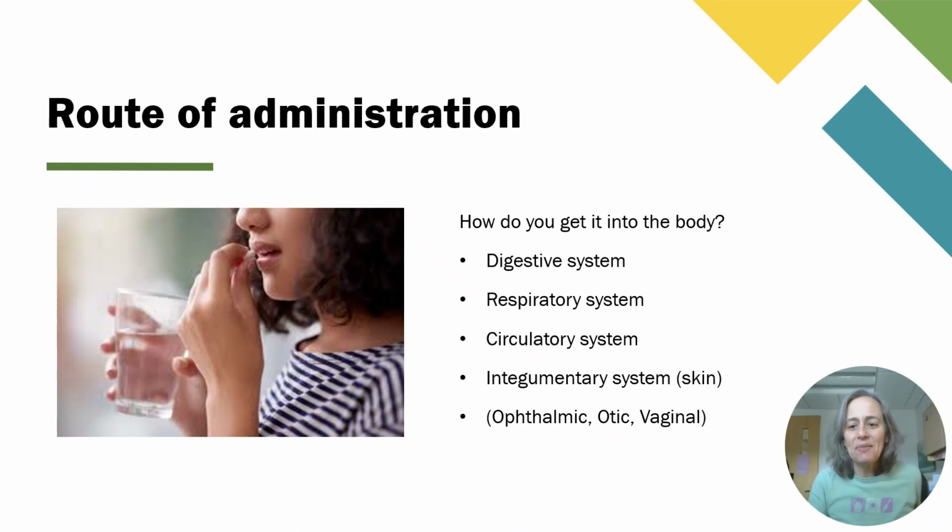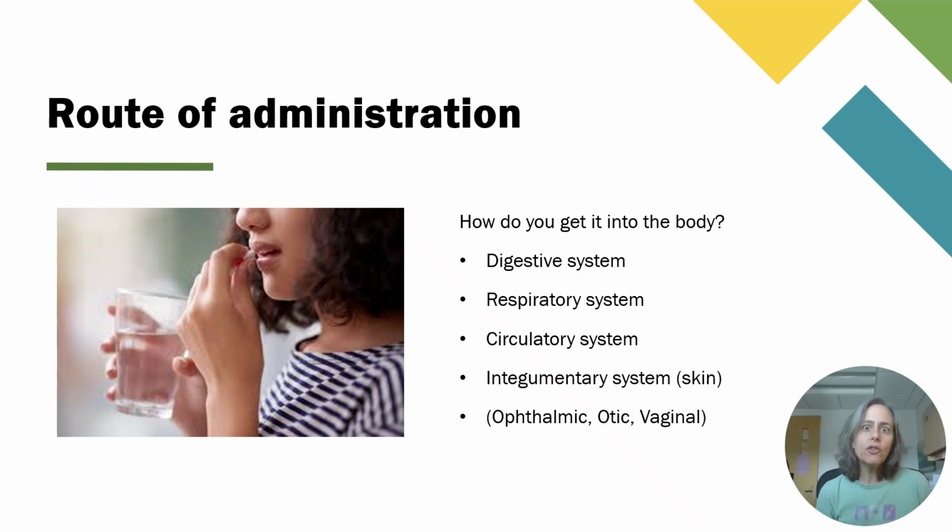So how do we get it in the body? We could use the digestive system. The digestive system is the system that we have for getting outside stuff into our body in terms of nutrients, and so we can definitely use that one, pretty convenient. We can also use the respiratory system. That's usually how we get oxygen in and carbon dioxide out, but we can also use that for drug delivery, especially if it's a gas drug, which some are. We can go right into the circulatory system, like with an IV.